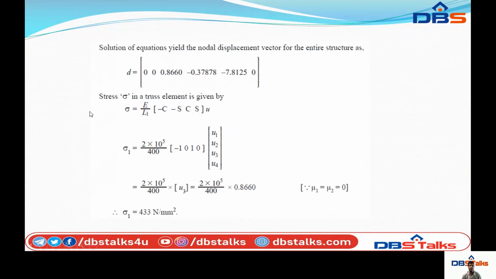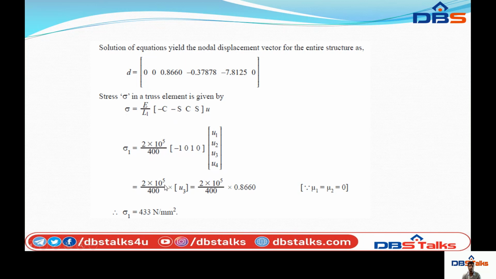In that, the stress for truss element 1: sigma equals E by L times [-C, -S, C, S] times U. We already know Young's modulus for element 1 is 2 into 10 to the power of 5, and the length for element 1 is 400. For U, that is U1 to U4.